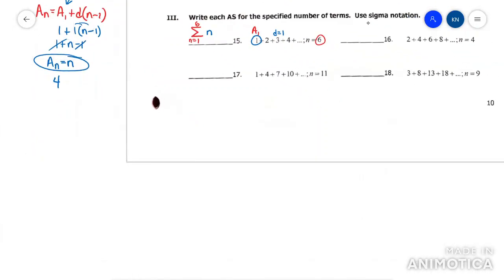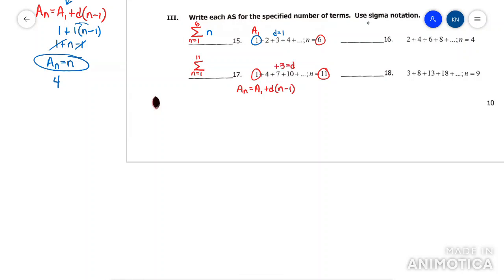You approach this problem, 17, and they want it in sigma notation. So go ahead and draw sigma. They gave you a1. So you know n equals 1 goes at the bottom. They're telling you to stop on 11. That goes at the top. Now, you use this equation, and you have to go get your rate. It's going up by 3 each time.